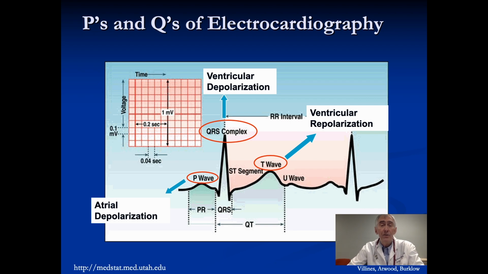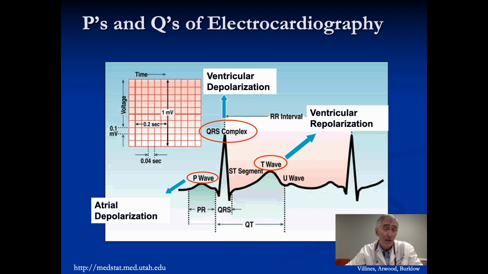Now you're going to hear terms of segments and intervals. So I want to clarify that an interval is a time phenomenon. The PR interval begins from the onset of the P wave to the onset of the QRS, which sometimes can be the Q wave, but most times you'll hear the PR interval.